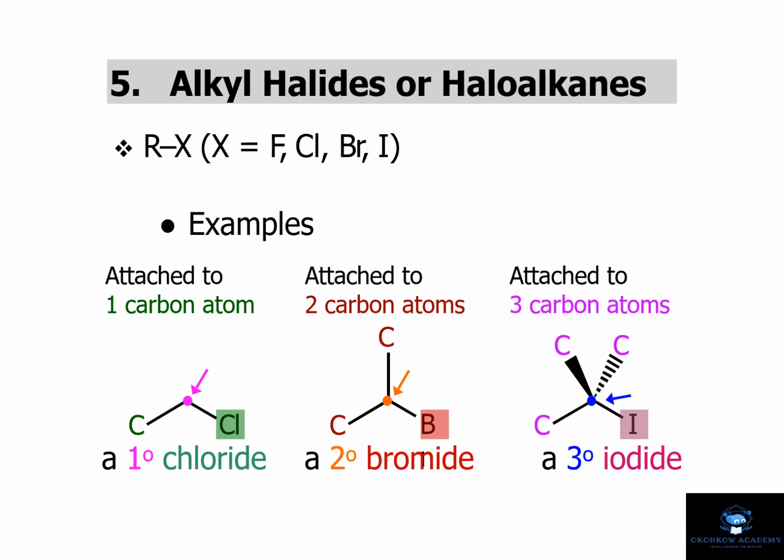A primary, 1 degree carbon is attached to only one other carbon. A secondary, that's 2 degree, carbon is attached to two other carbons. A tertiary carbon is attached to three other carbons. This classification directly affects reactivity in substitution and elimination reactions, which we will cover in detail in upcoming lectures.